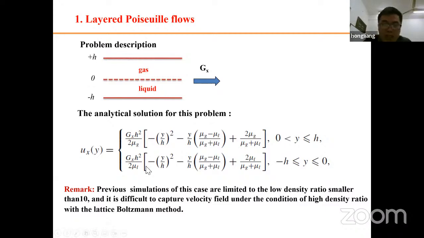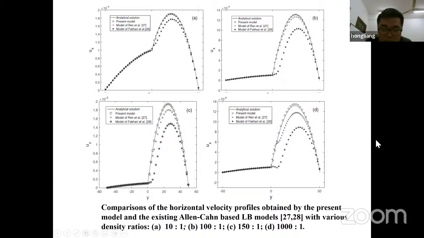Since the Lattice-Boltzmann method is a diffuse interface method, from the figures we can find that our model is indeed more accurate than the previous model in cases with different density ratios.